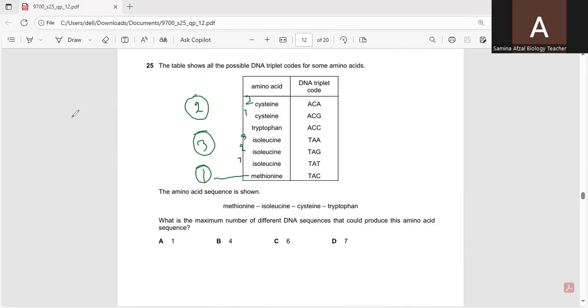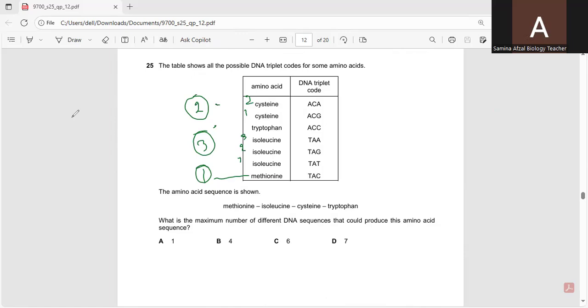To find this out, we will multiply the number of possibilities for each amino acid together. So in this way, methionine has one possibility, isoleucine has 3 possibilities, and cysteine has 2 possibilities, and the total sequences will be 6.